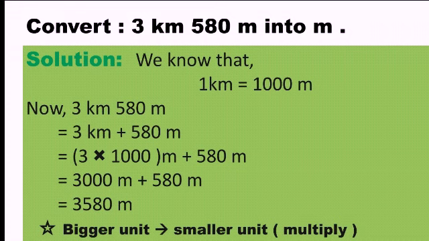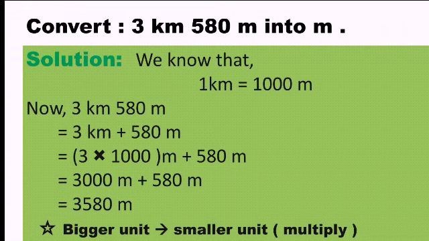So what will we apply? We will apply the relationship among the units. What units are related in this question? Kilometer and meter. What is the relationship between them? 1 kilometer equals 1000 meter. Now put the question here: 3 kilometer 580 meter.